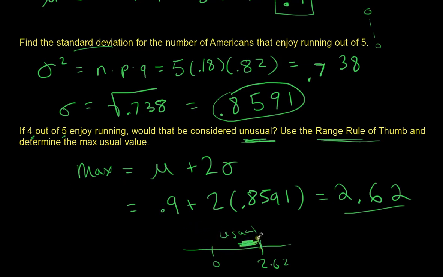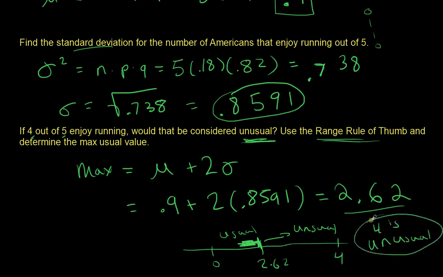But below the max would be usual. Anything above the max would be unusual. So 4 is above the max, so it is unusual. Okay, so 4 is unusual. As a matter of fact, 3 would also be unusual. If we got 3 out of the 5 who enjoy running, that would also be an unusual outcome.